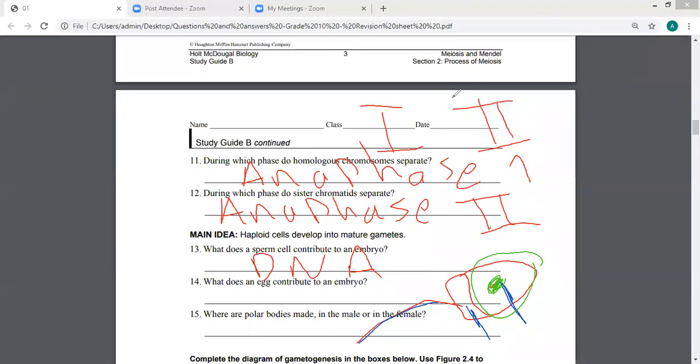Only the answer. No one? Guys, okay, listen to me, pay attention. The embryo needs what? React with me. The embryo needs what?